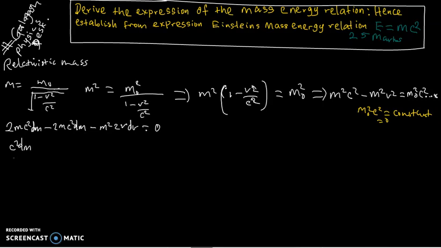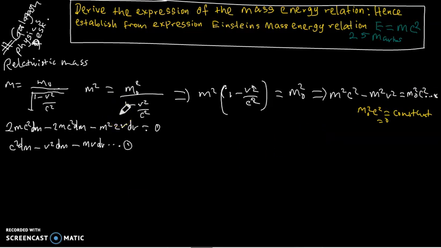When you divide by 2, this is what you get, minus v squared dm, and this will be minus mv dv, and let's call this our equation 1. Remember, we had equation star initially.